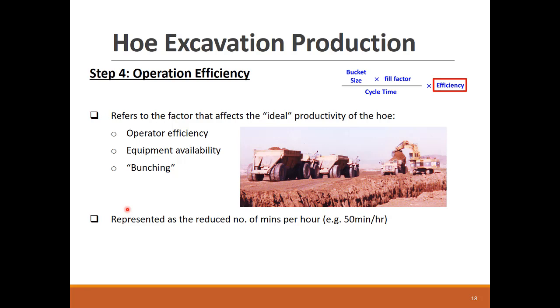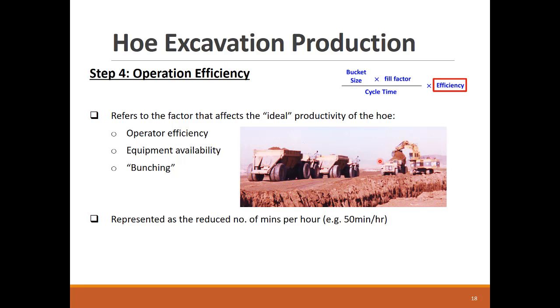We will cover bunching in more detail in another lesson on hauling operation. But you can know for now that bunching results in having no hauling trucks available for the excavator to load. So even if the operator or the equipment are ready to continue excavation, the loading part of the cycle cannot be done as there is no truck to load.